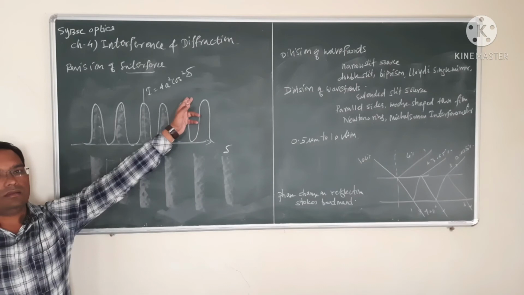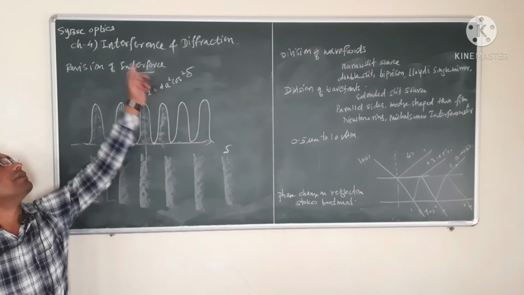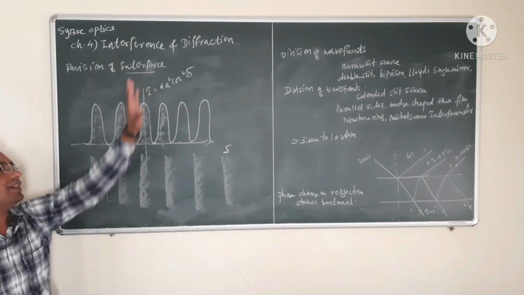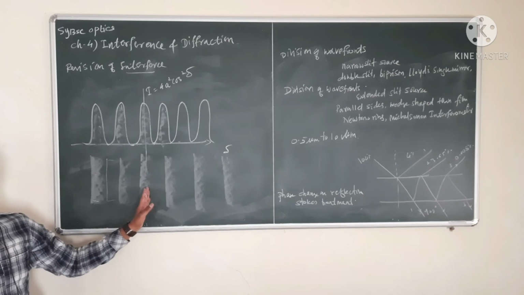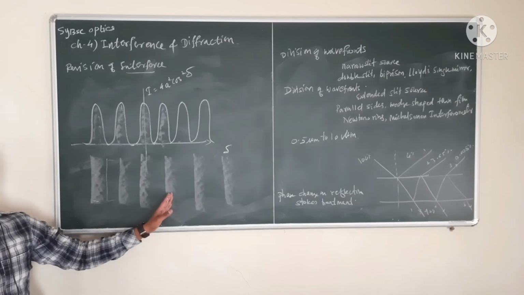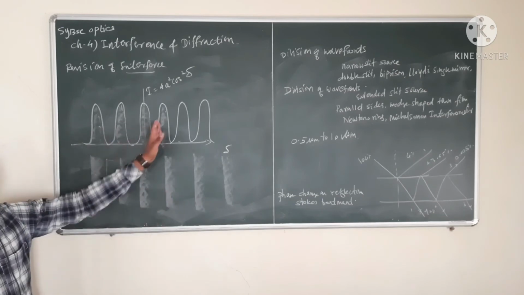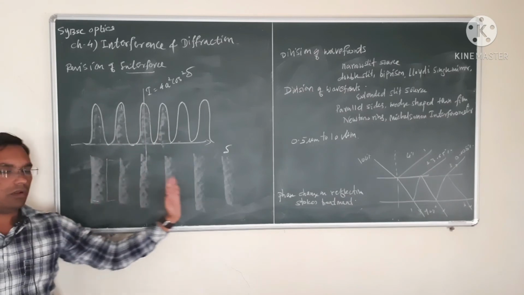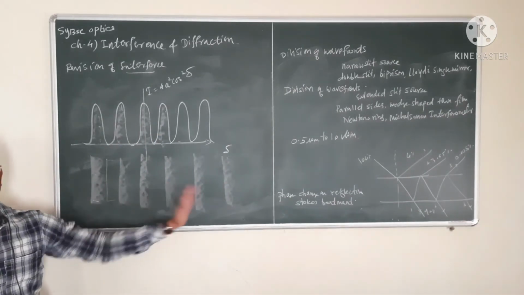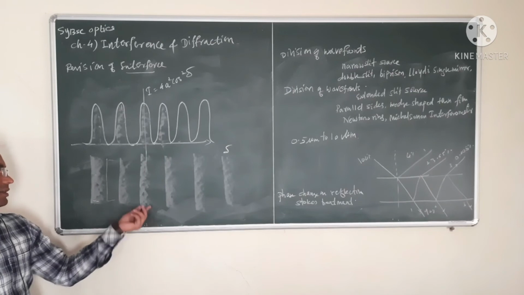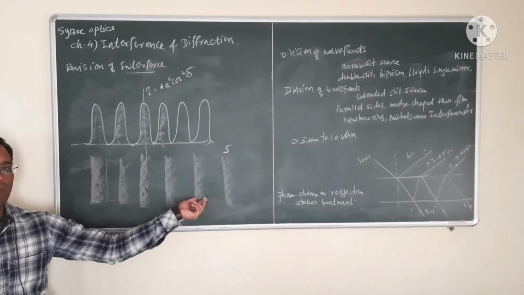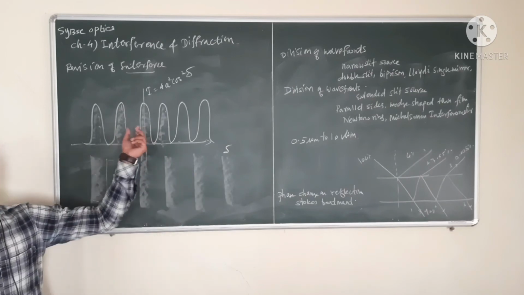See, this is the difference between interference and diffraction. In diffraction, we have a central maxima and first order minima. But in the interference pattern, all the fringes are maxima. This is maxima, maxima, maxima, meaning all of them have the same intensity.